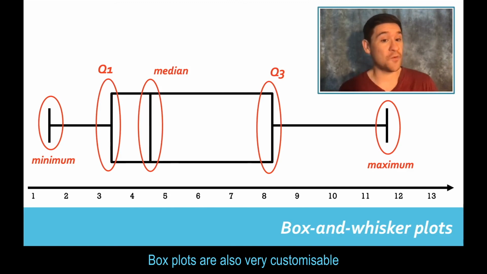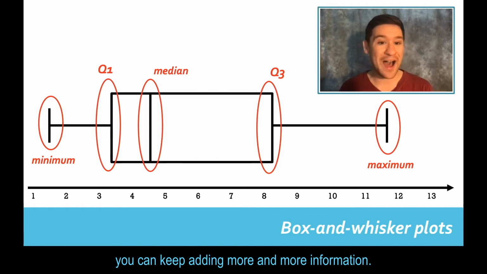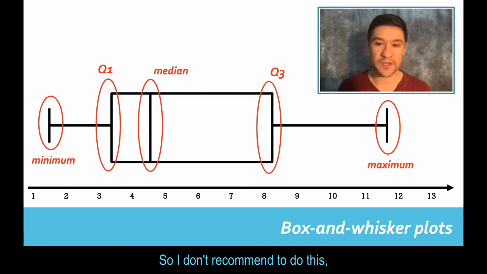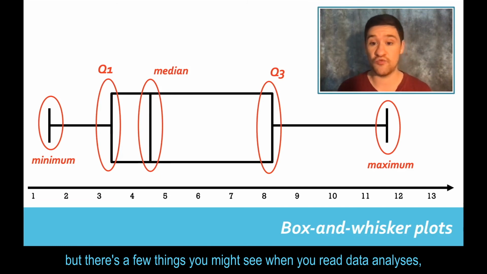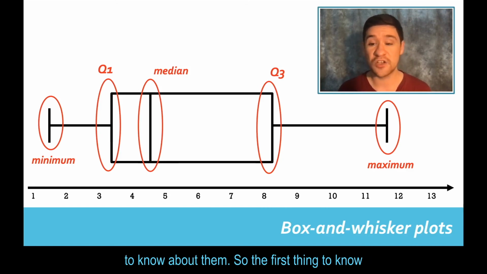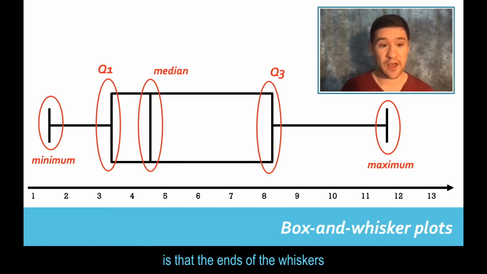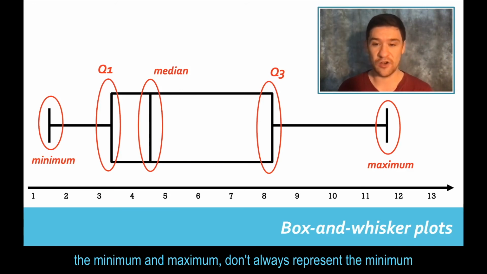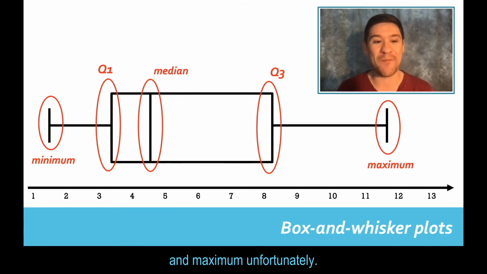Box plots are also very customizable. You can keep adding more and more information. So I don't recommend you do this, but there's a few things you might see when you read data analyses. You might see extra things on a box plot, and it's useful to know about them. So the first thing to know is that the ends of the whiskers, the minimum and maximum, don't always represent the minimum and maximum, unfortunately.